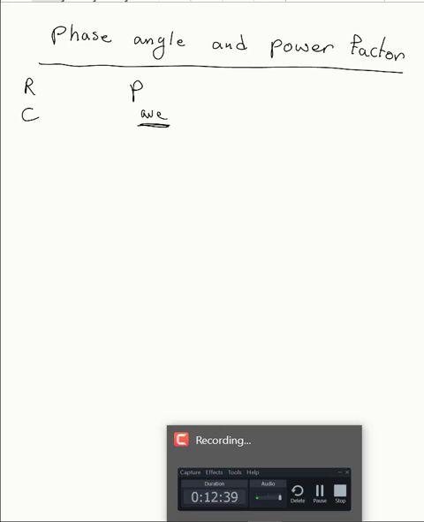But if we want to find the relationship between the power consumed by a circuit and the impedance, it's going to be a bit complicated. So we need to find the phase relationship between the total voltage in the circuit and the current first.